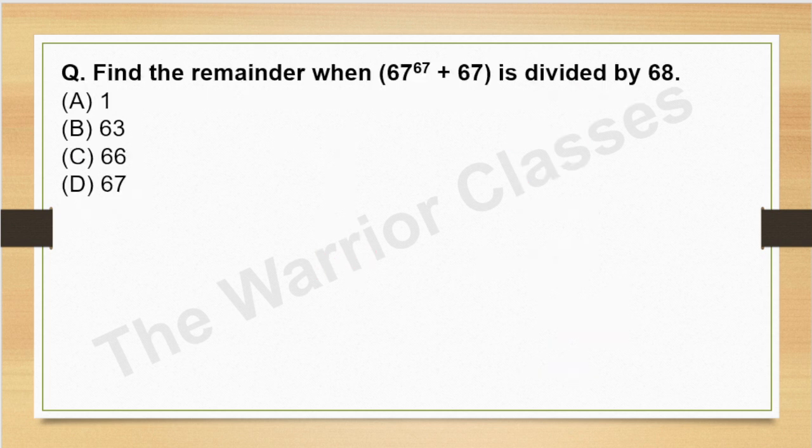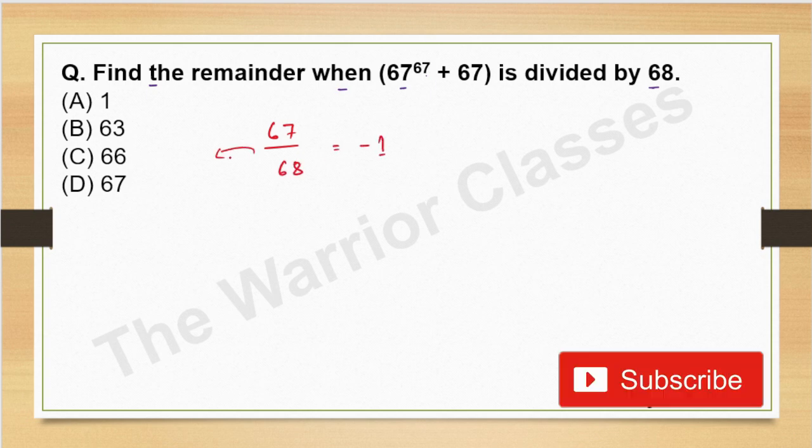Now the next question in this series is: find the remainder when 67 to the power 67 plus 67 is divided by 68. For solving this type of problem, we can divide 67 by 68. Then the remainder will be -1, right? And if we divide 67 to the power 67 by 68, the remainder will be -1 to the power 67, right?